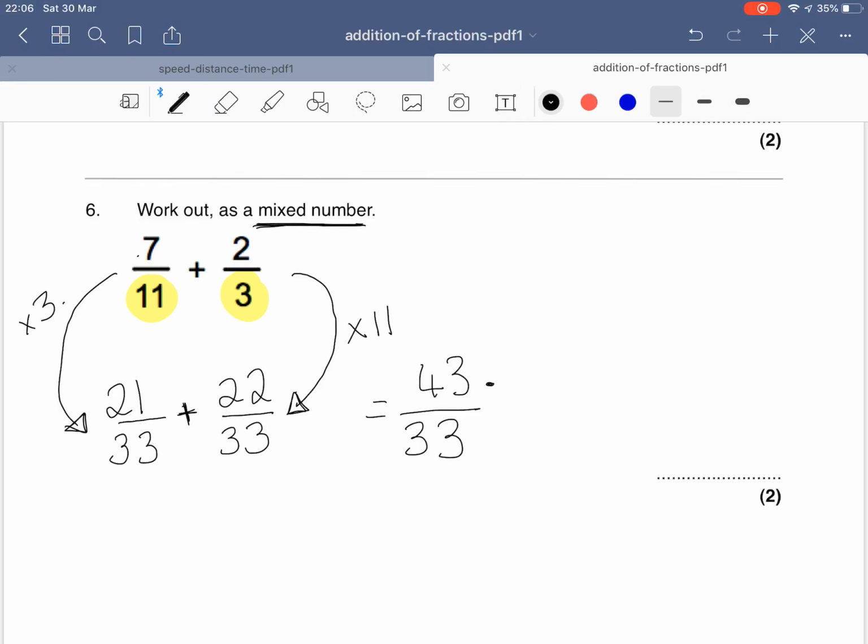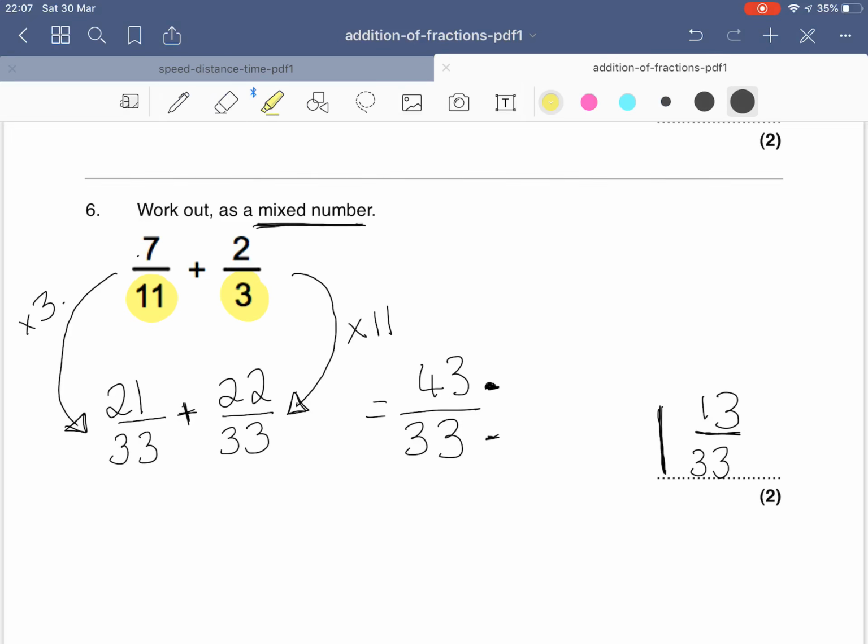So to do that, we think of how many times does 33 go into 43. We will only fit in there once, so the big number will be 1. And then our fraction, the bottom will stay as 33, and then it's how many remainder on top. So if 33 can go into 43 once, there will be 13 left over.